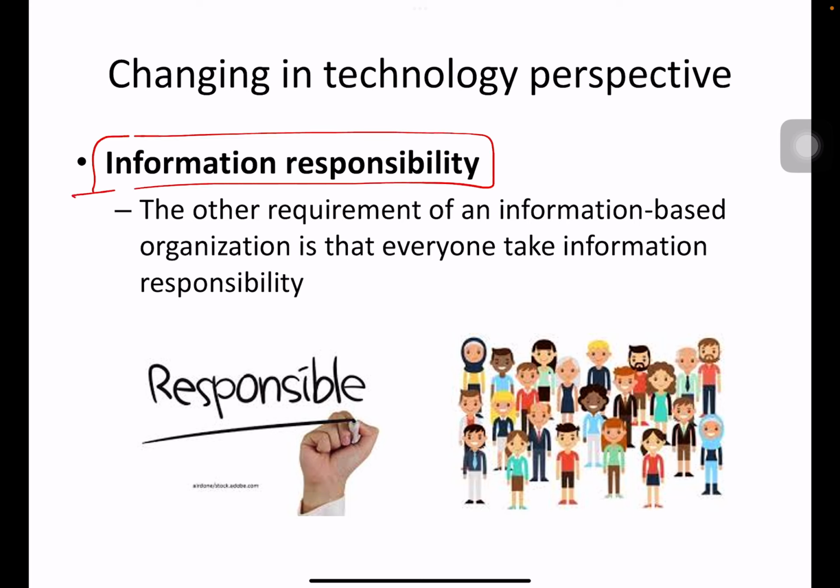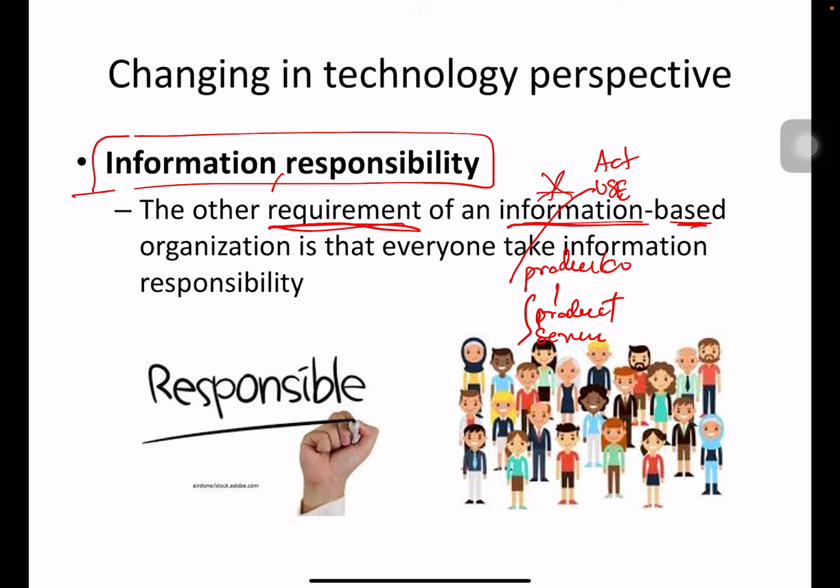And we have to know about information responsibility. When we know about this, we know the requirements for information: what information the organization uses, or can act on, in order to produce the product or service of the organization to meet the requirements of the demand.